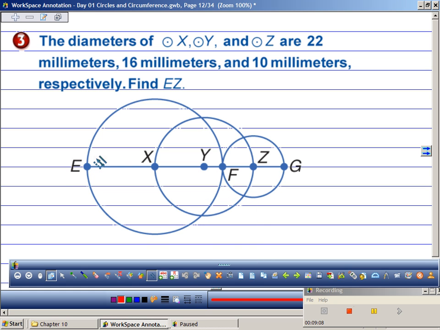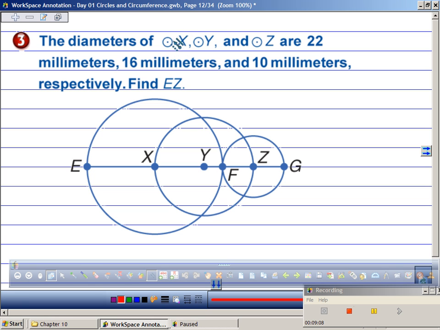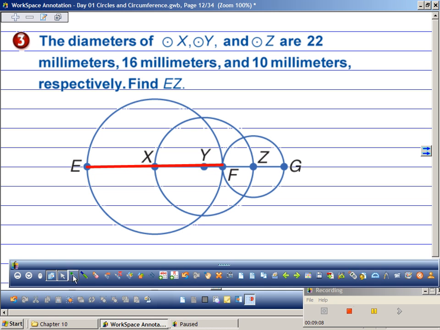Perfect. All right, so let's first talk about, it says circle X, circle Y, and circle Z are 22, 16, and 10. So this diameter, it said, is 22.